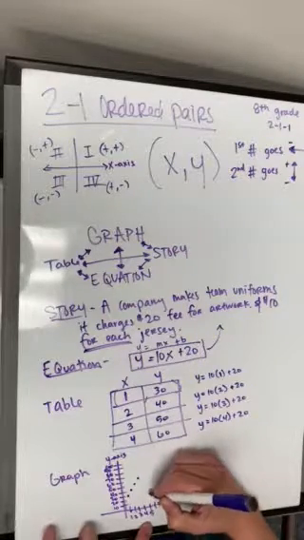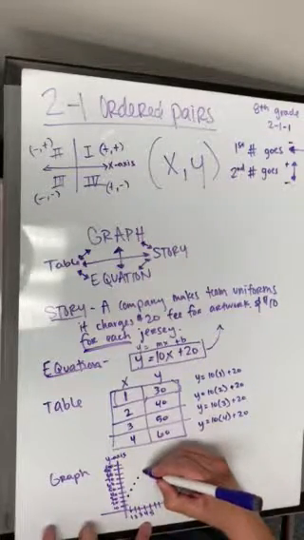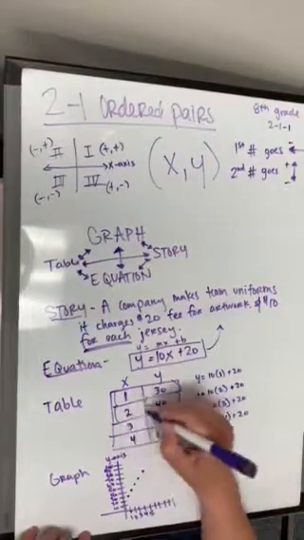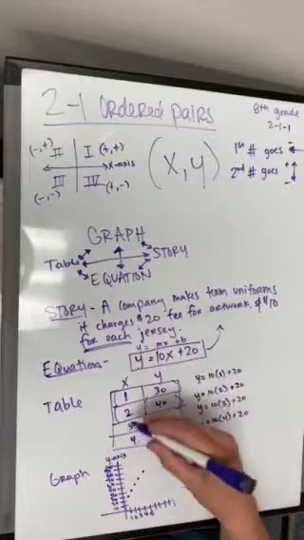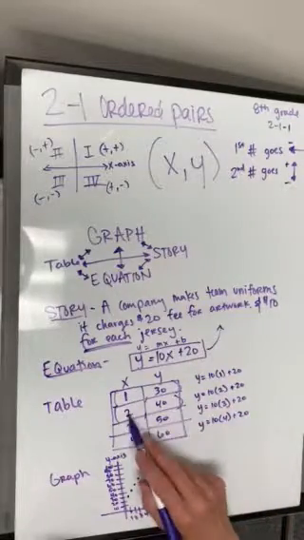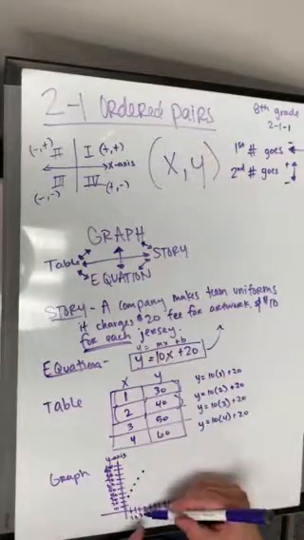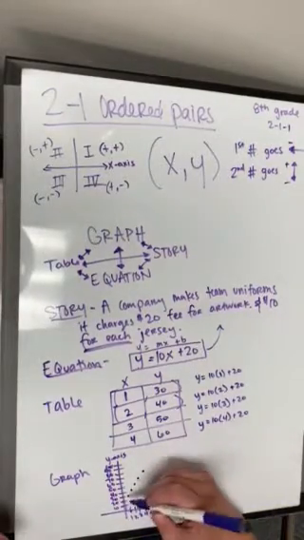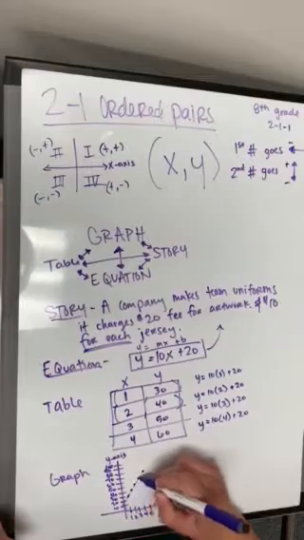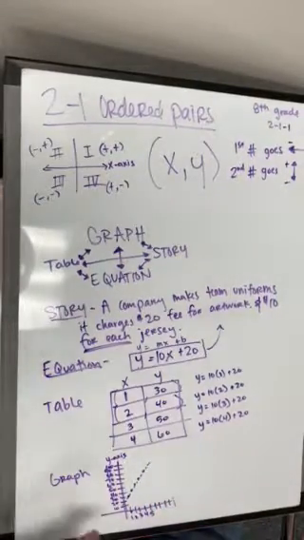Okay. And those are all of our ordered pairs. It's in X and Y. So we go over 1 up 30, over 2 up 40, over 3 up 50, over 4 up 60. And that continues to go. And it works out to be this line that's happening, okay?